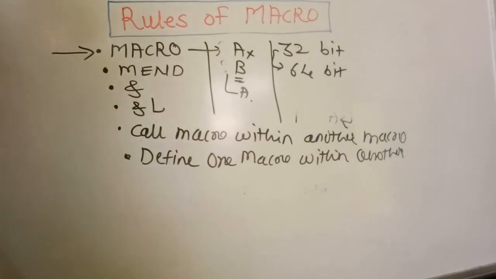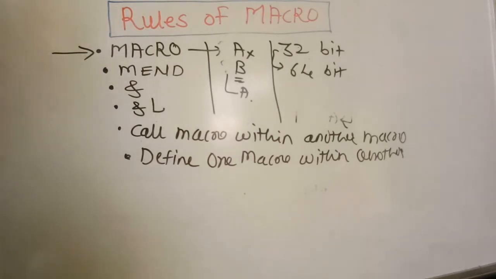So the macro processor should provide documentation telling the rules and regulations of the macro processor, which will be helpful for the programmer while writing the program.